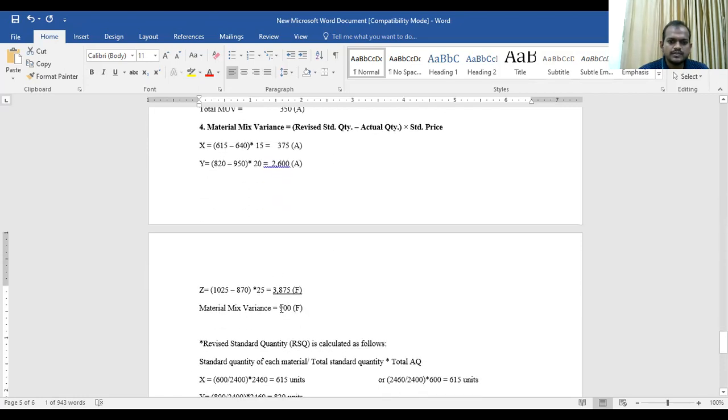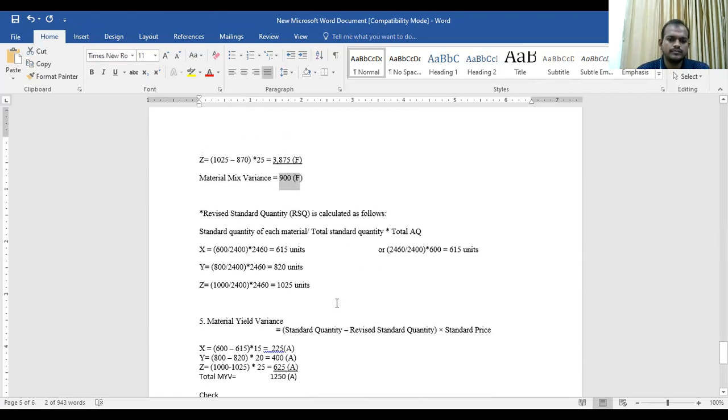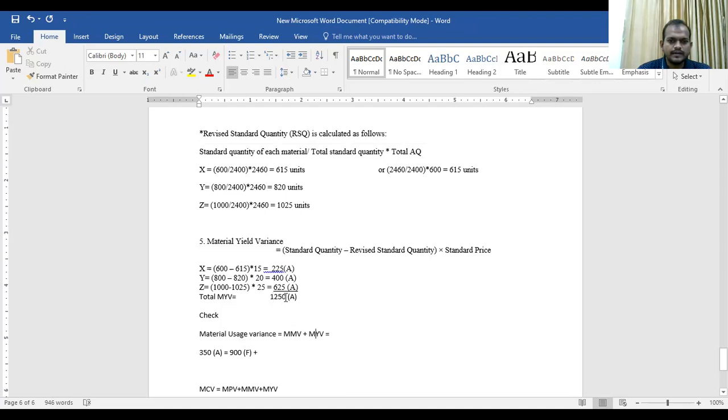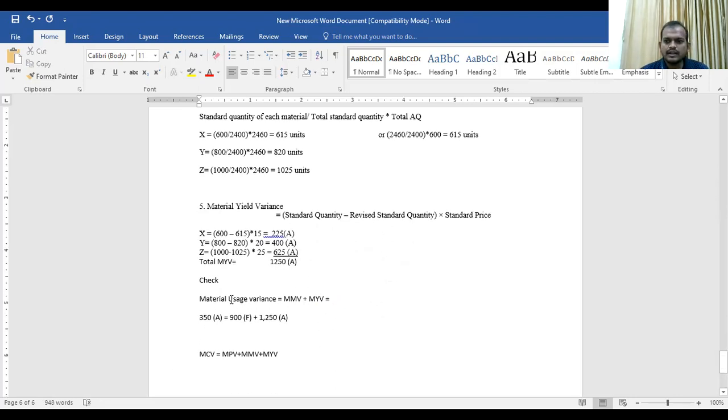Total material mix variance is 900 favorable, plus material yield variance, which we just calculated, 1250 adverse variance. So finally, the result will be 350 adverse. Right. So it means our calculation is correct.